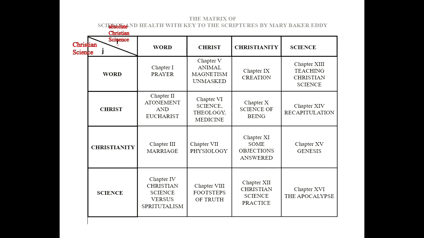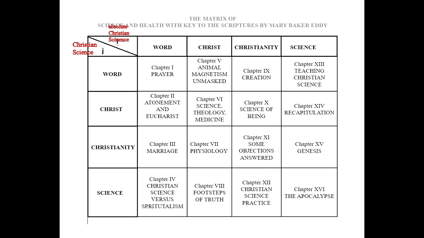These are the values that run across the top, and the values that run across the left-hand side belong to two indices. Index I, being the top index, is from the standpoint of absolute Christian Science.